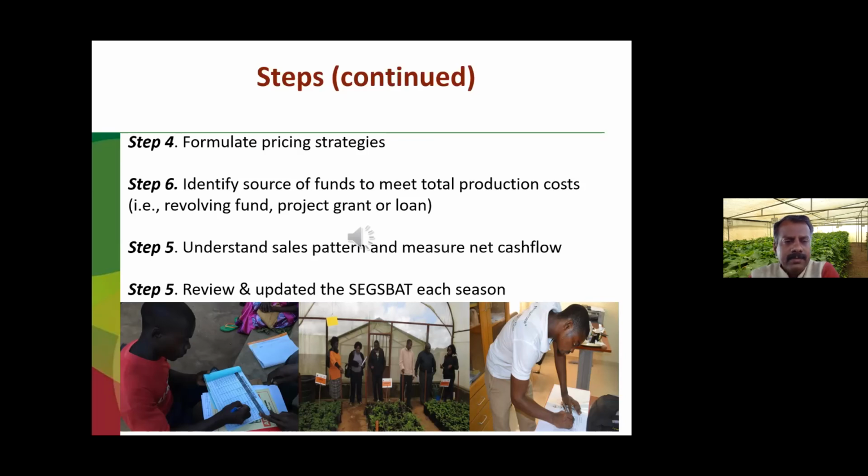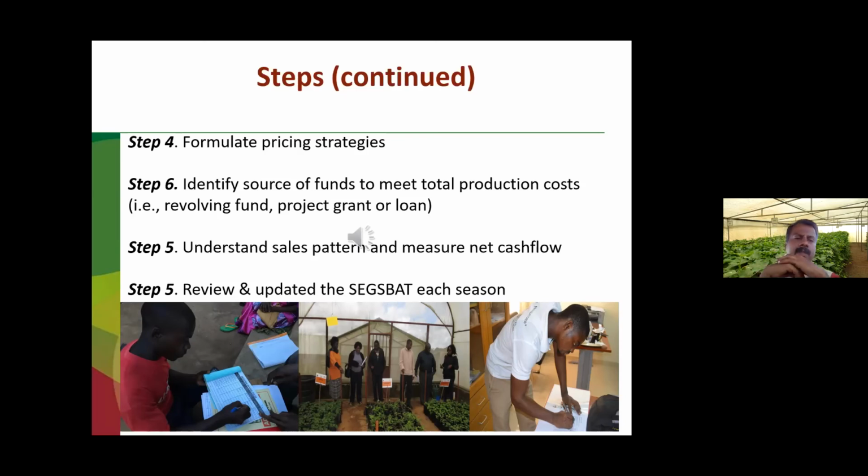Based on that, you should be able to develop your cash flow. Once you develop a cash flow based on the projected figures, you should be able to update that information on a yearly basis. Which means at the end of the year, the revolving fund might change, so you can monitor whether the projected cash flow is the same as the actual cash flow.